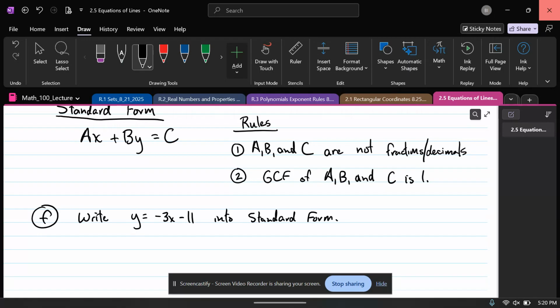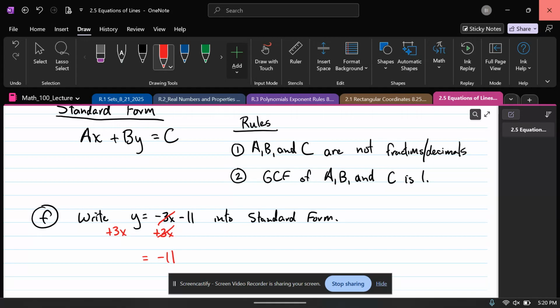So if I'm going to write that in standard form, I need x and y to be on the same side and a plain number to be on the other side. So what do I need to move from the right-hand side over there with the y? 3x. How do I move it? I'm going to add 3x. And then that's going to get rid of it over here. That's going to leave me negative 11 on the right-hand side.